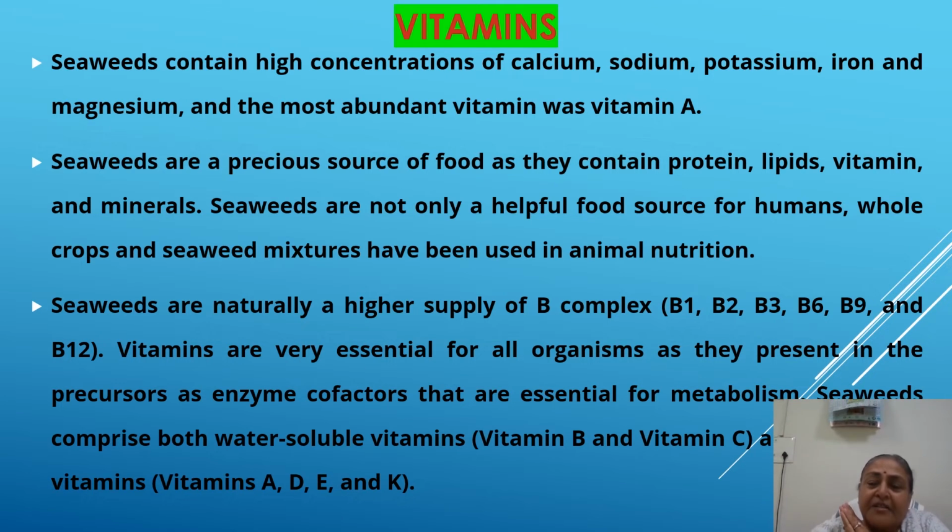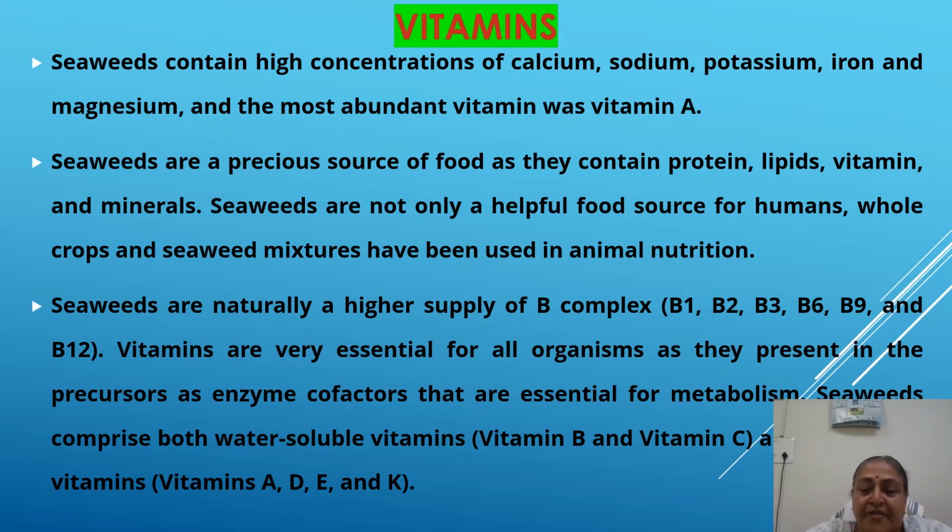They are a source for human beings, and also we can supply these nutrients to the crop. The seaweed mixtures have been used in animal nutrition also, because these seaweeds are naturally a higher supplier of vitamin B complex: B1, B2, B3, B6, B9 and B12. These are the vitamins we are getting from it.